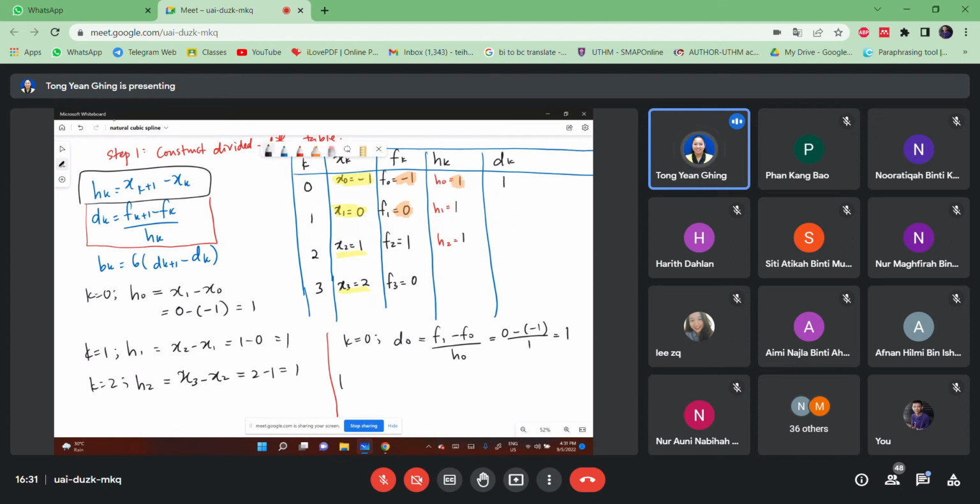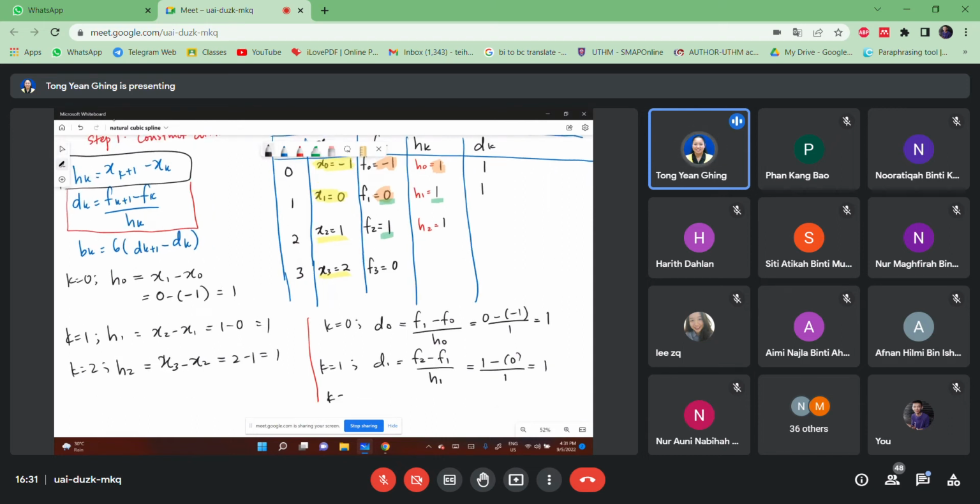And then when k equal to 1, D1 is equal to F2 minus F1 divided by H1. So F2 is this one, 1 minus 0 divided by 1, so 1 as well. And then k equal to 2, D2 equal to F3 minus F2 divided by H2.